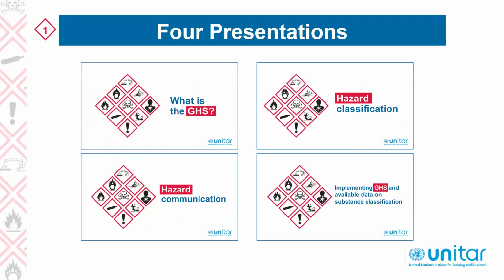So with Chemi, we have developed 3 different kinds of materials. First of all, we developed 4 presentations: a presentation about what is the GHS, a second presentation about hazard classification, a presentation about hazard communication, and the last presentation about implementing the GHS and available data on substance classification.